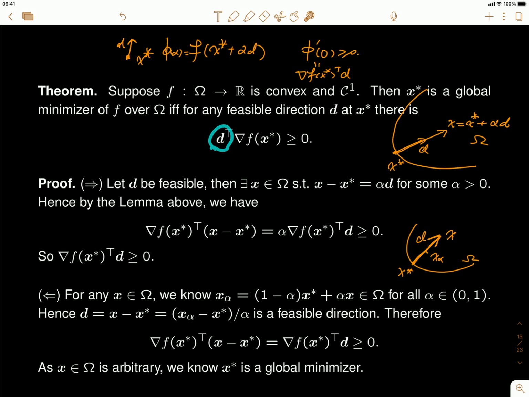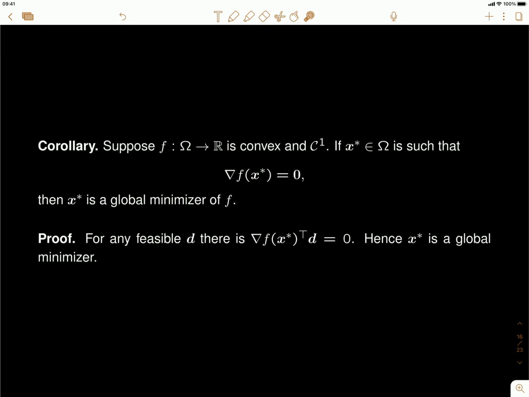We'll just multiply it with this 0, and we'll get this equal to 0, which is greater than or equal to 0. And that means x star is a global minimizer, right? This is always 0, no matter what feasible direction d you choose. So this implies that x star is a global minimizer.